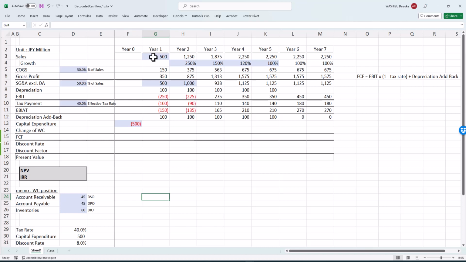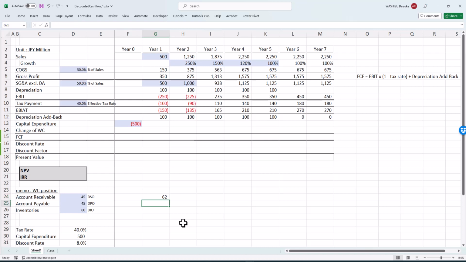And multiplying by the 45 days, we can get the end position of the account receivable of year 1. So simply 500 divided by 365 gives a daily sales amount, multiplying by 45 days. That's the end position of the account receivable at the end of year 1.